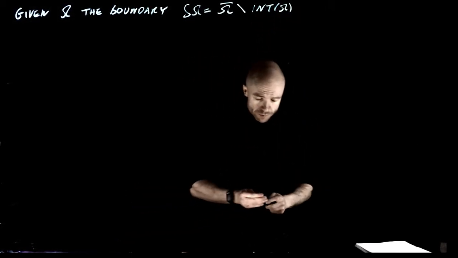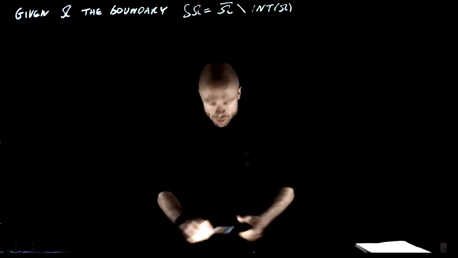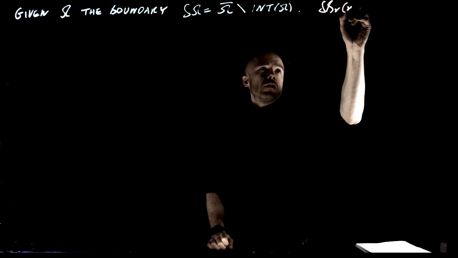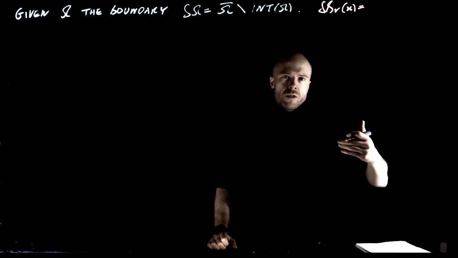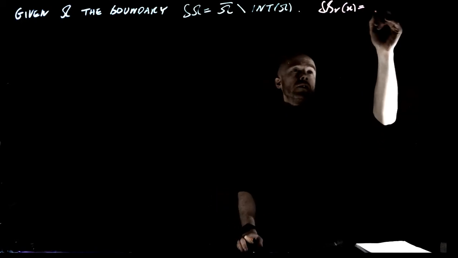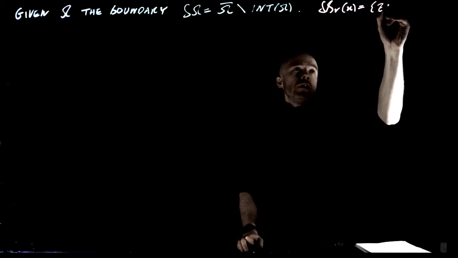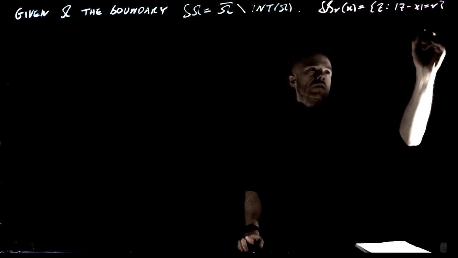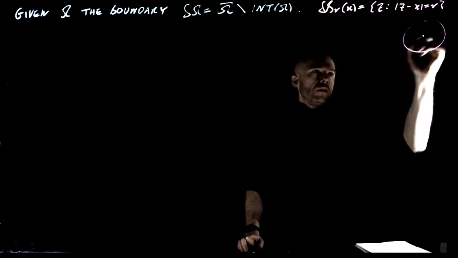So the boundary of a ball, for example: the set of limit points is the closed ball, the interior is the ball itself, so that is just going to be the set of all z such that |z - x| is equal to r. As you can see pretty easily.